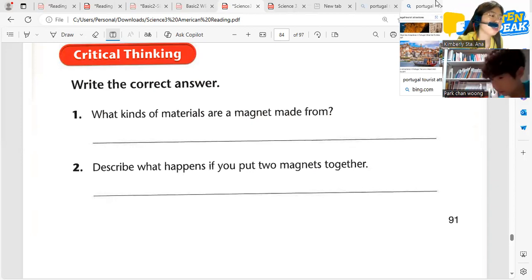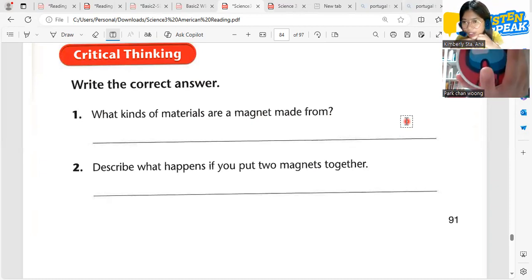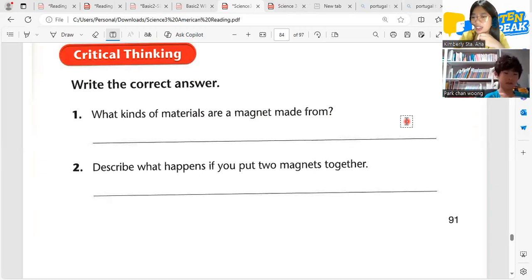Okay, and next one, your turn. I am circle and I am hard. Can you look for something that is circle and something that is hard? What's that?